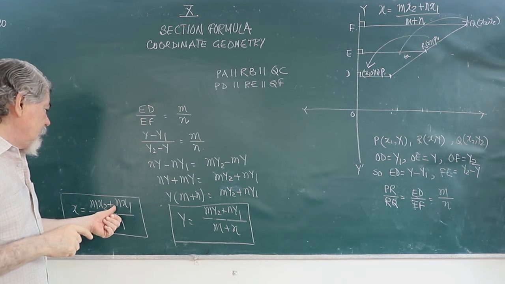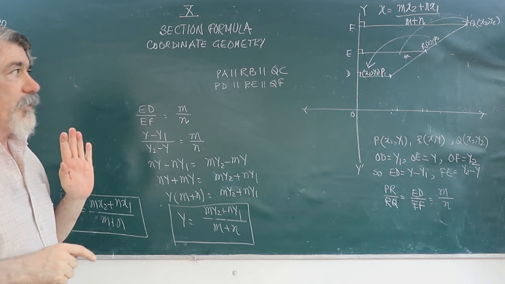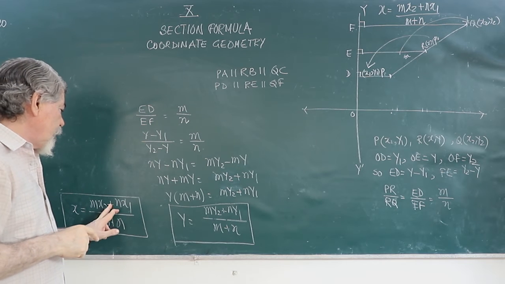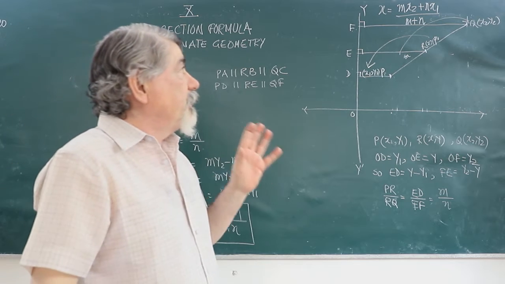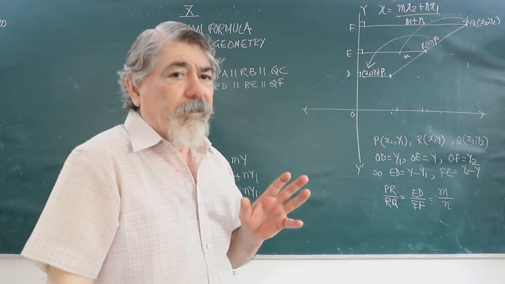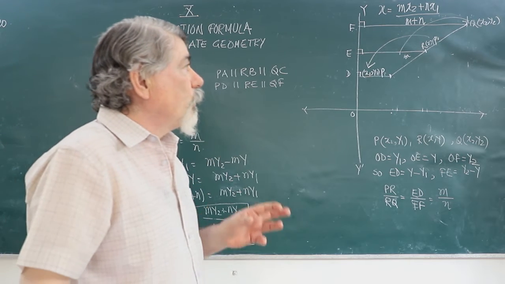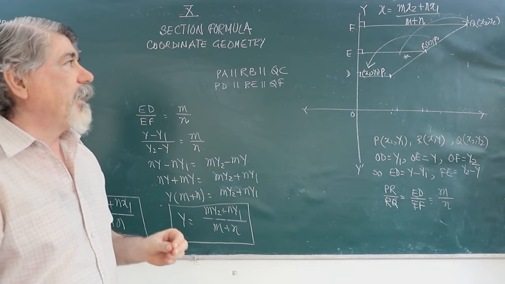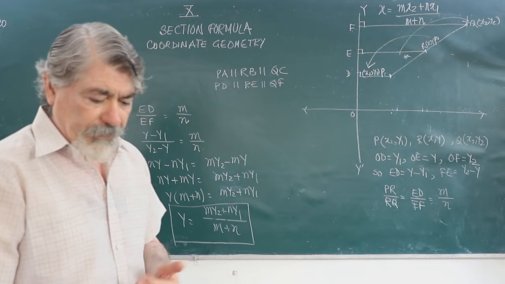You just replace the signs from plus to minus and you will get the external division point. That is all, nothing else. But this is the formula for calculating the coordinates of point R, which divides the join of (x1, y1) and (x2, y2) in the ratio of m is to n.